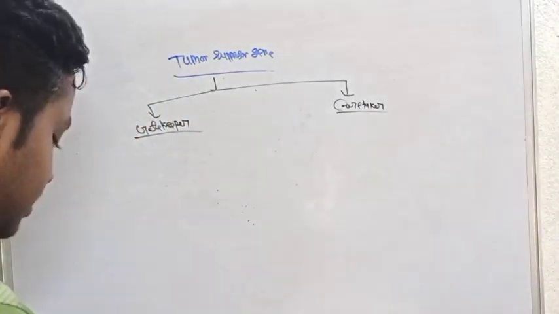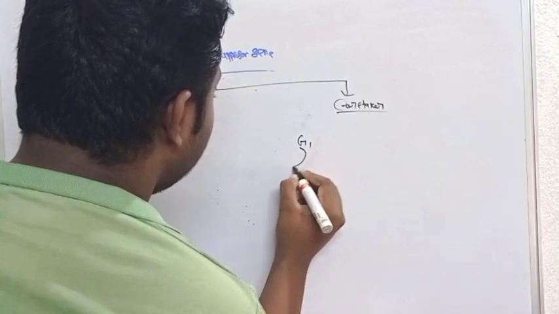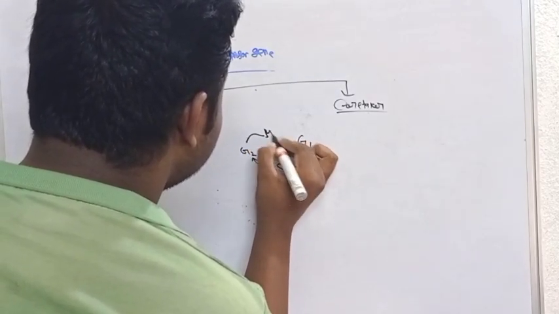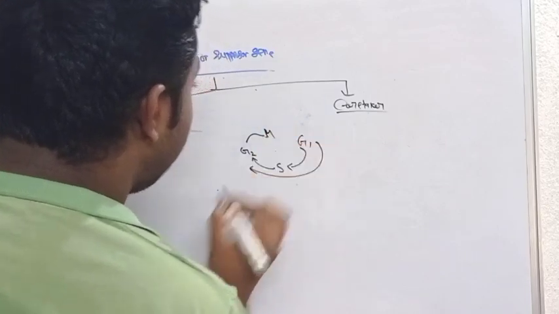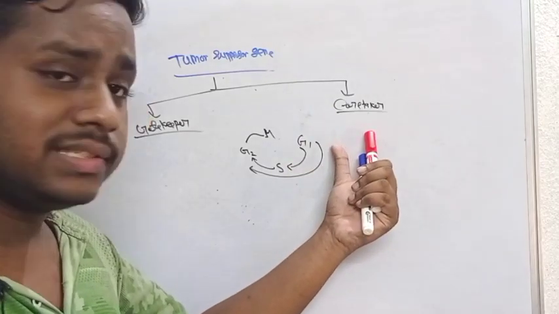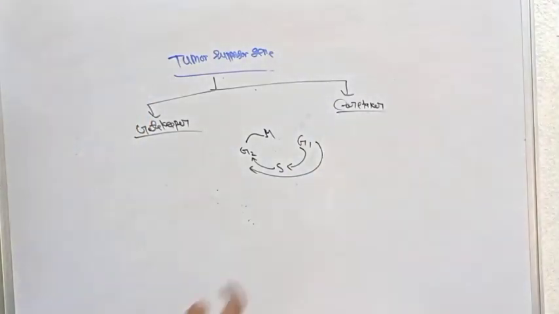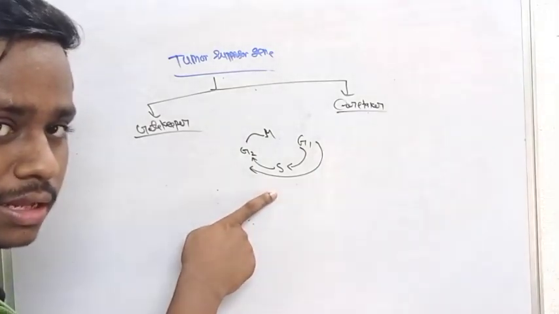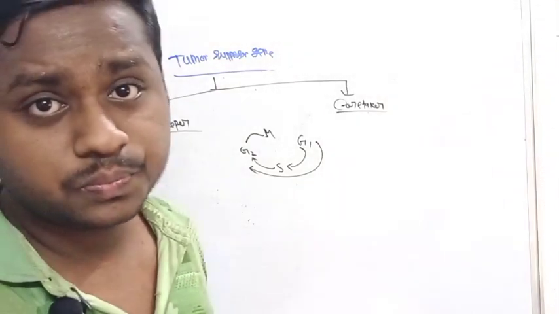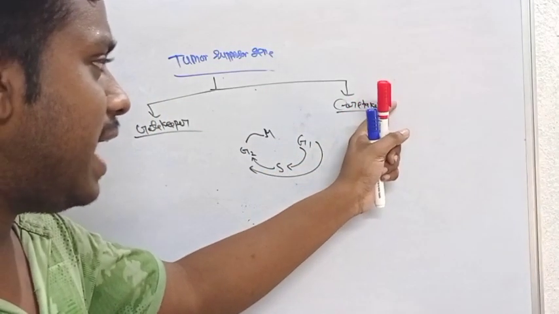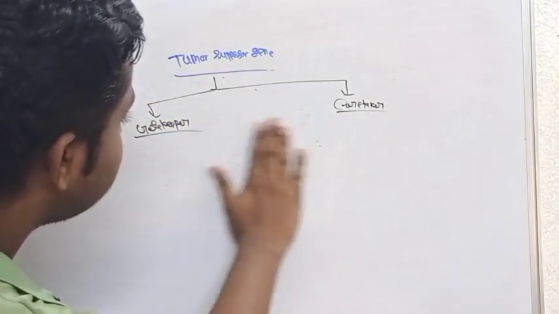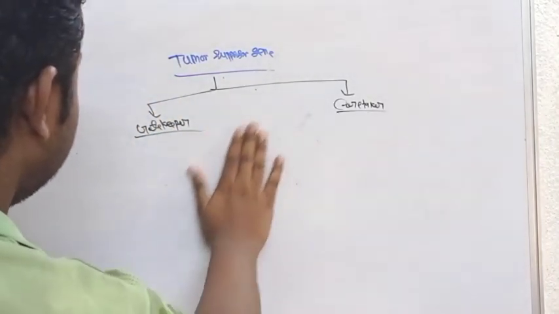Remember the cell cycle, G1 to S, G2 and M; this is interphase, this is mitosis. If the DNA is damaged inside the cell and the cell enters from G1 into S and the DNA is duplicated, that leads to mutation in further generations. So the caretaker function of the gene is also important. These two types of functions are played by the tumor suppressor genes.